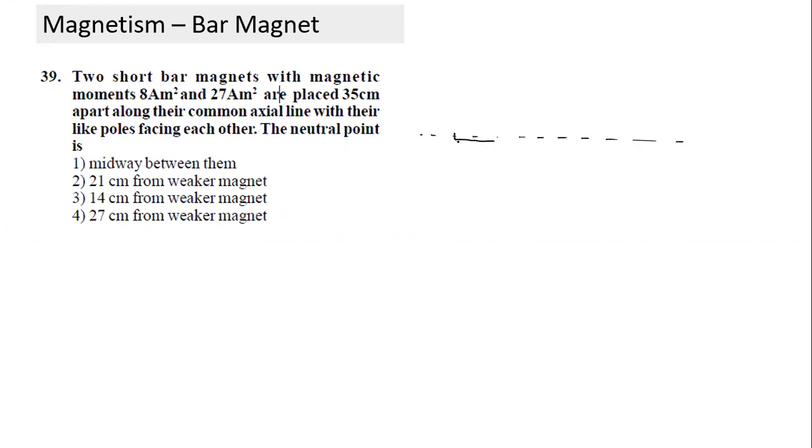If one magnet is like this, like poles face each other, so the other one also will have north in the same sense. They are placed along the common axial line. One of them is 8 and the other one is 27. So this is M2 and this is M1. We need to find, and this distance from here to here is given as 35.